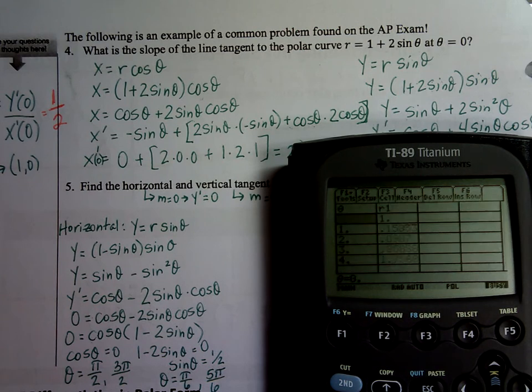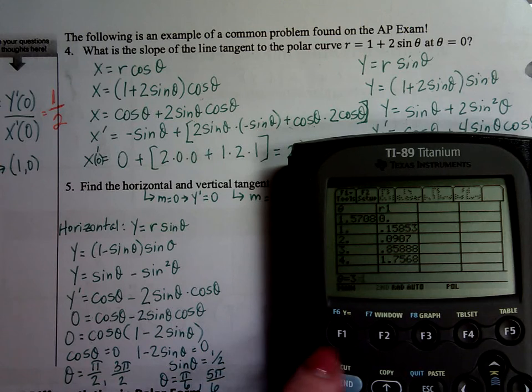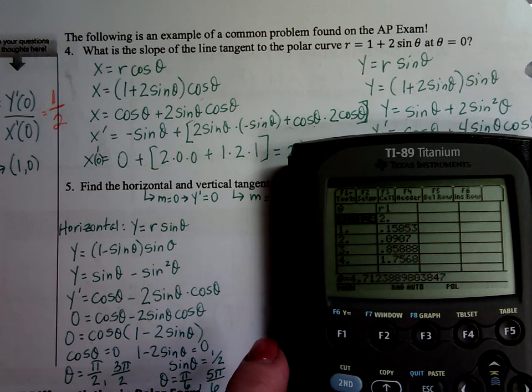Okay, now. Pi divided by 2. Ooh, gives me 0. Huh. Let's try the next one. 3 pi over 2. 3 pi divided by 2 gives me 2. Okay, well that's better. How about pi over 6?